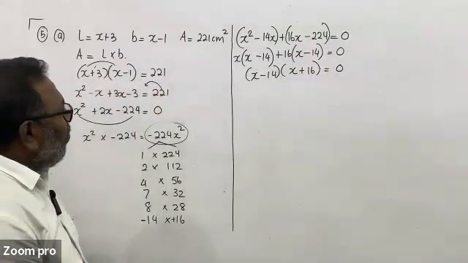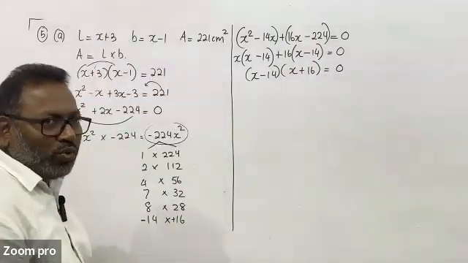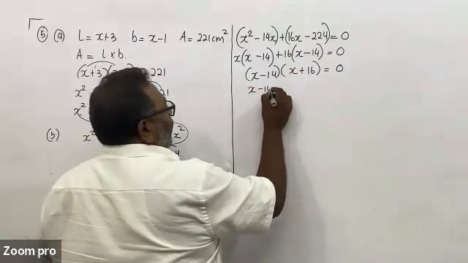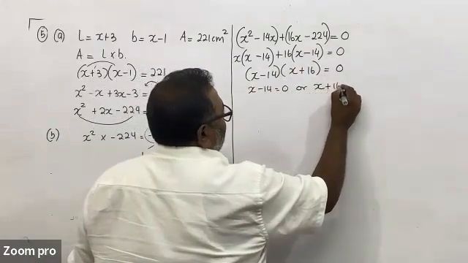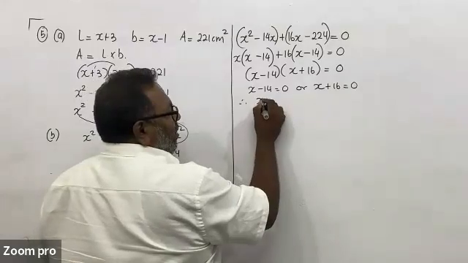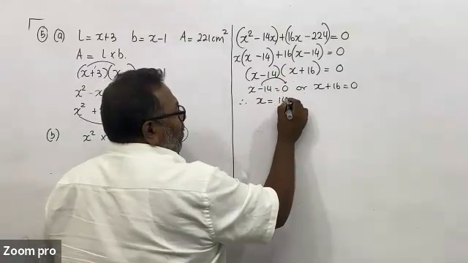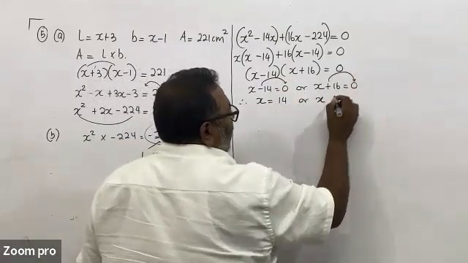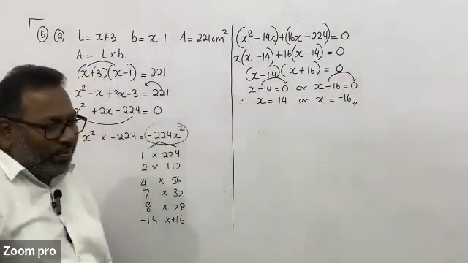Right? Now we are dealing with length, people. So length has to be positive. Right? So let's see. x minus 14 is equal to 0 or x plus 16 is equal to 0. So then how much is x going to be? Minus 14 comes to this side, plus 14, or plus 16 when it comes to this side, minus 16.